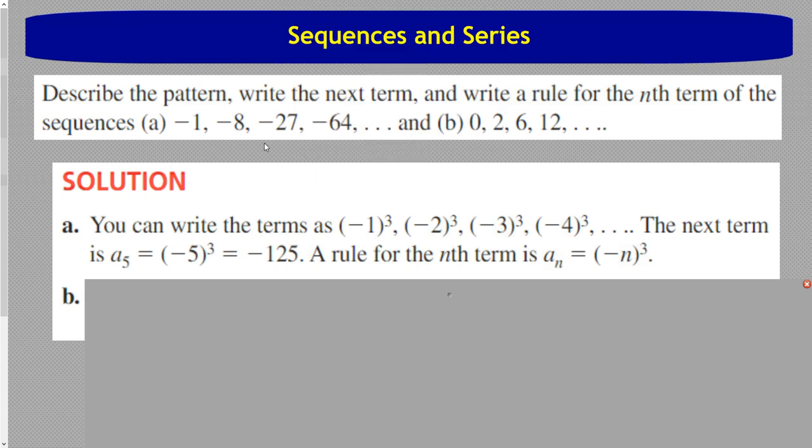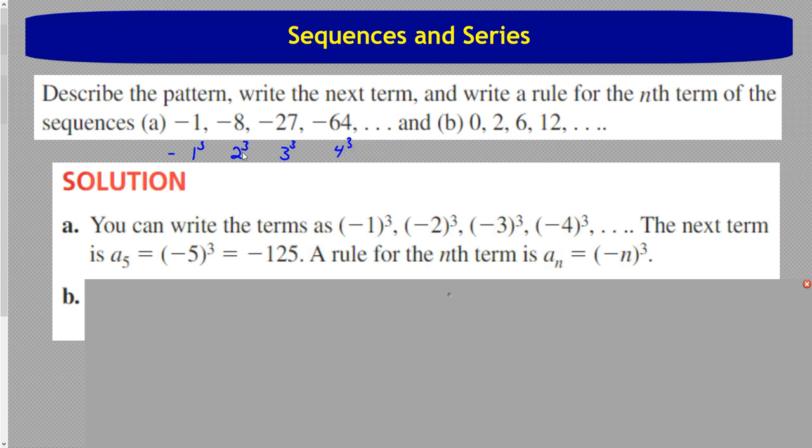I'm looking for any sort of pattern between these numbers, 1, 8, 27, 64. I'm wondering if they are cubes, right? So this could be 1 cubed, 2 cubed, 3 cubed, and 4 cubed.